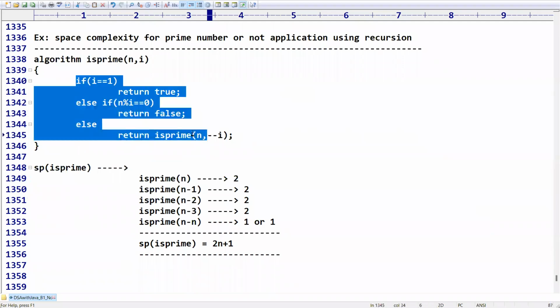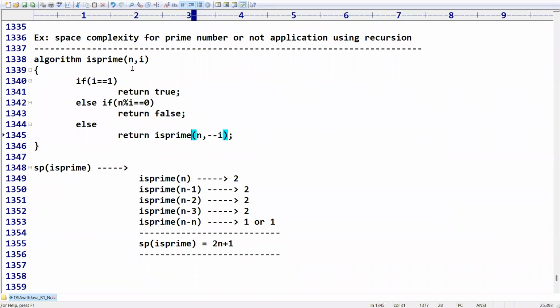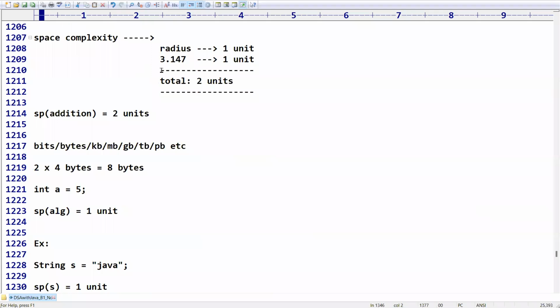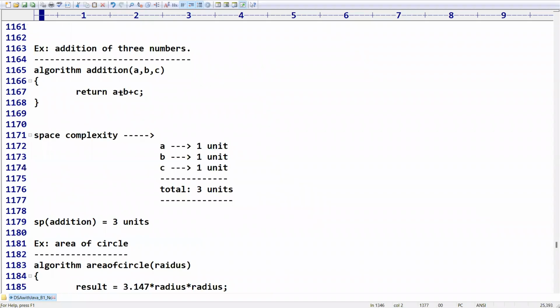These are parameter passing things, sir. These won't be counted, because these values we are using in the algorithm, there you can count that one. In the previous example, if you have addition of 3 numbers, we are not counting here, we are counting here. If you count here, you can ignore this.